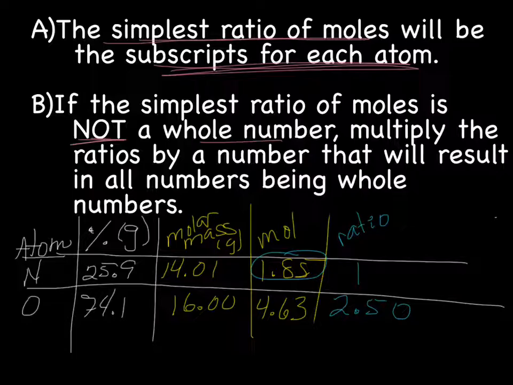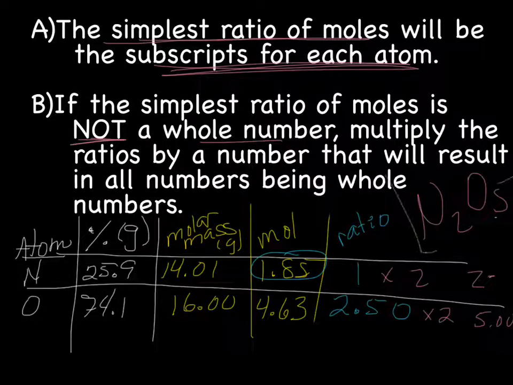We can't have 2.5 oxygens, so I'm going to multiply that by 2, and that gives us 5.00. That means we have to multiply this one by 2 as well, giving 2. Believe it or not, that's it. Now we have our empirical formula. We have N2 from this number here and O5. So all of that work to come up with N2O5.